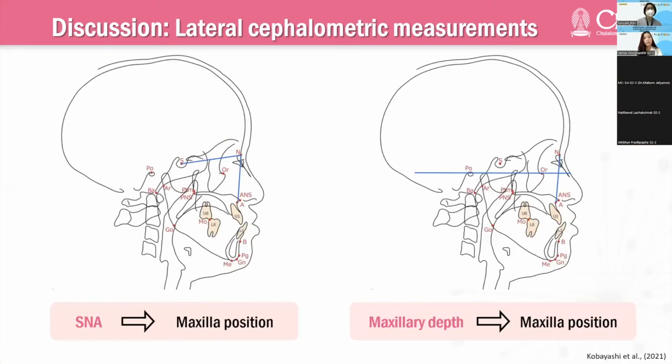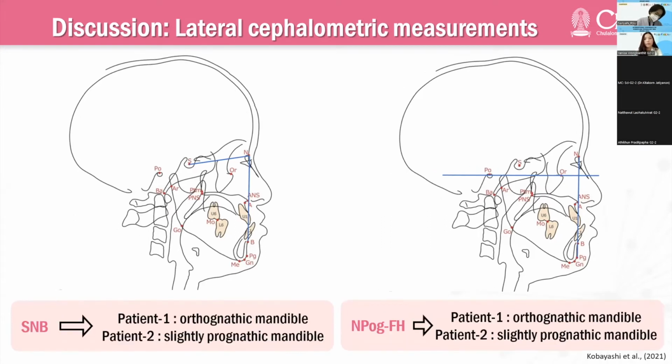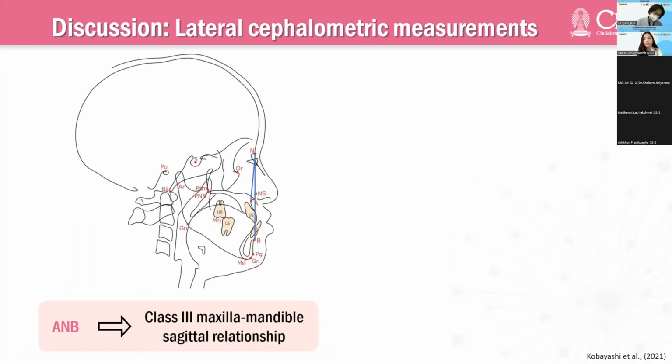And here is the discussion section. In lateral cephalometric measurement, according to the results from the table, we can see that the maxilla position can be measured by SNA and the maxillary depth. About the mandibular position, SNB and N-Pog to Frankfurt horizontal data indicate that patient 1 had orthognathic mandible, while patient 2 had slightly prognathic mandible.